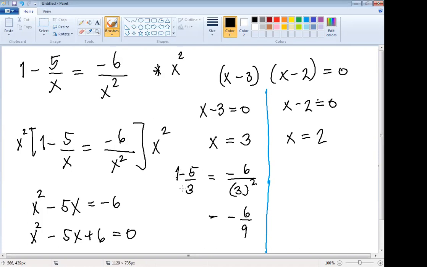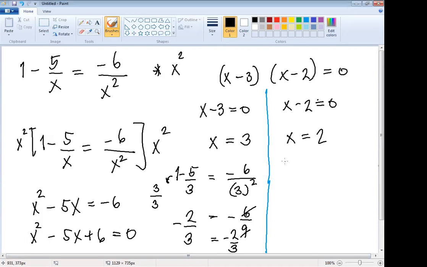The 1 now becomes 3 over 3, so that we can change that one into 3 over 3. So 3 over 3 minus 5 over 3, we will have negative 2 over 3. This one, simplified or reduced to the simplest form, cancel out, will give us as well negative 2 over 3. So this one is equal.